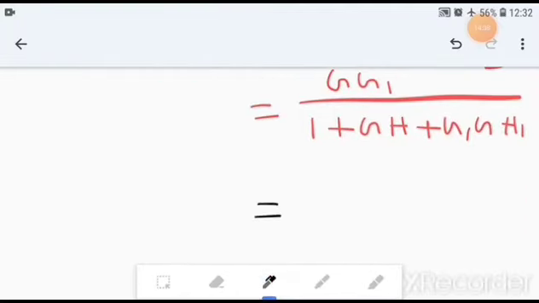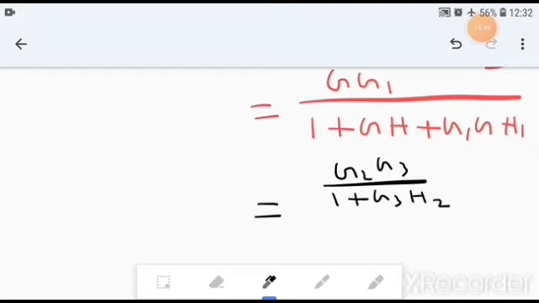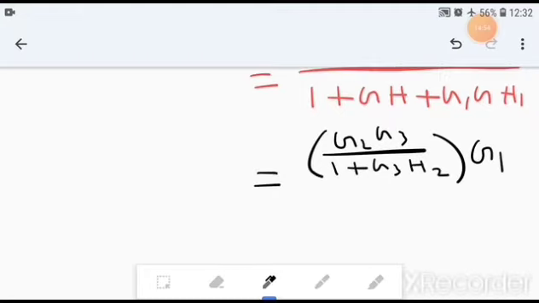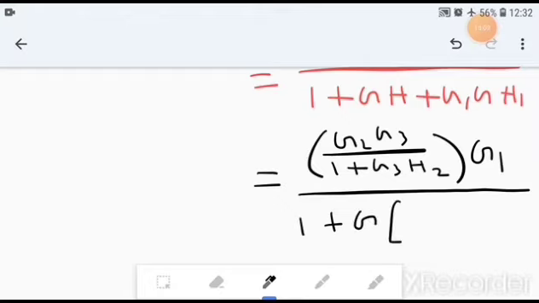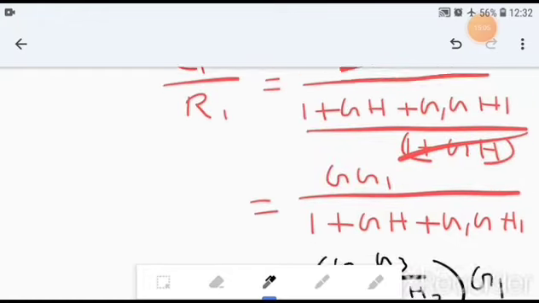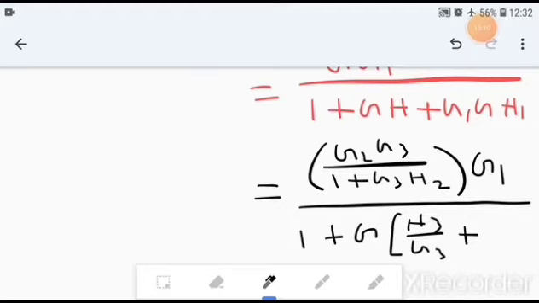So we will be substituting in place of G, G2 G3 by 1 plus G3 H2, into G1 is there, whole divided by 1 plus, you can take out G common, H we will be substituting is H3 by G3 plus G1 H1. G1 as usual it is G1 only, G1 H1.